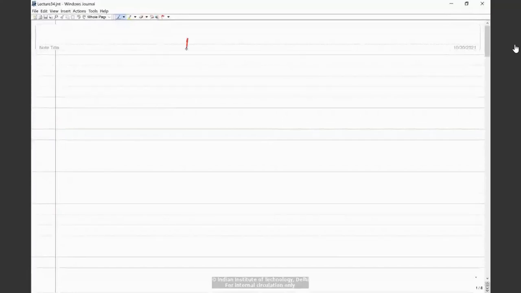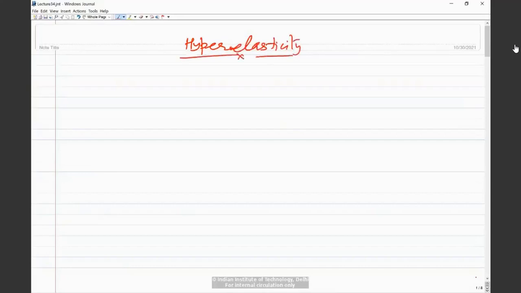So last class I was talking about hyperelasticity. We have discussed the basic concepts. One problem when you do the finite element formulation is that many materials, many polymers, biological tissues, etc., are nearly incompressible. So there is a problem known as volumetric locking.